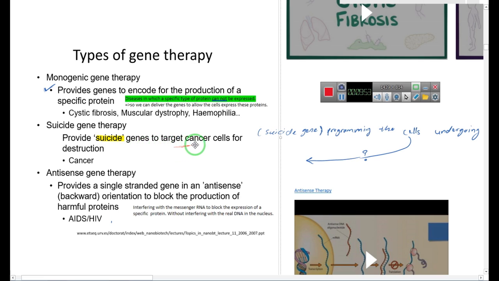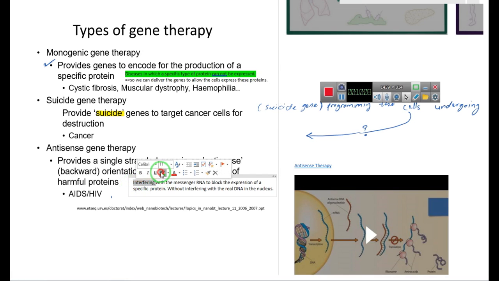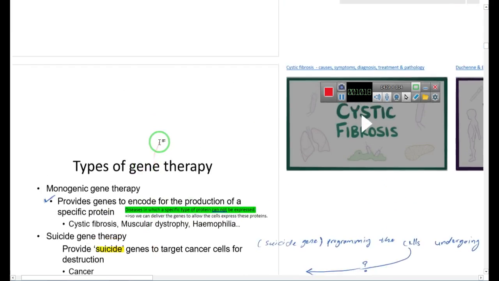On the other hand, we have the application of gene therapy in a so-called antisense, in which we will interfere with the mRNA outside the nucleus to block the expression of a specific cell.